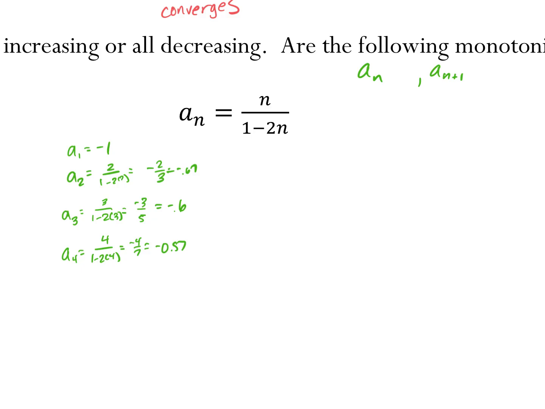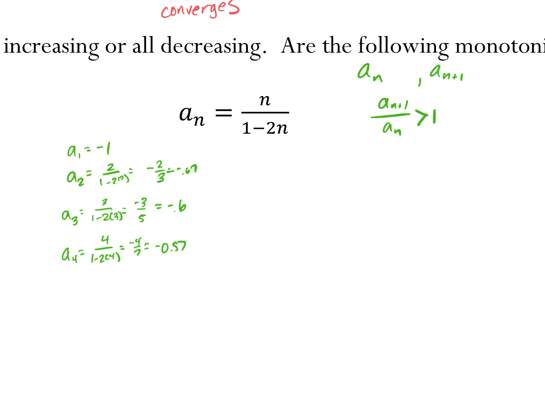Okay? All right. Now, the first approach I'm going to show you is to look at the values of AN plus 1 over A sub n. Now, like I said, if AN plus 1 is always bigger than A sub n, that would suggest always increasing, yes? If the value of the next term is bigger than the value of the first term, okay? So we can look and say, is this fraction bigger than 1?